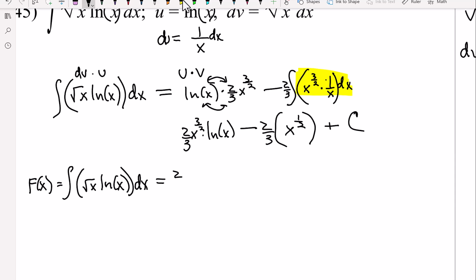So here we have 2/3, and now this x to the 3/2 is the square root of x cubed times the ln of x. Make sure the ln of x does not get underneath that square root symbol. Then we have subtract 2/3 times x to the 1/2, which is the square root of x. Ta-da!